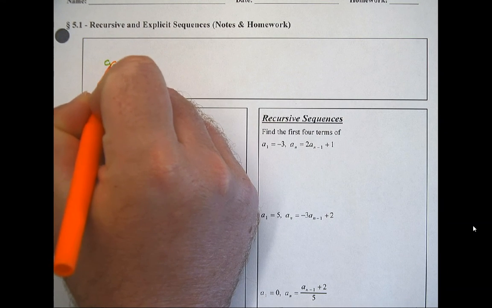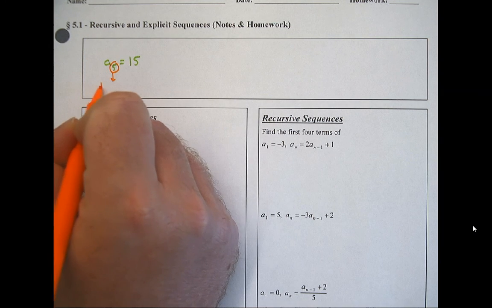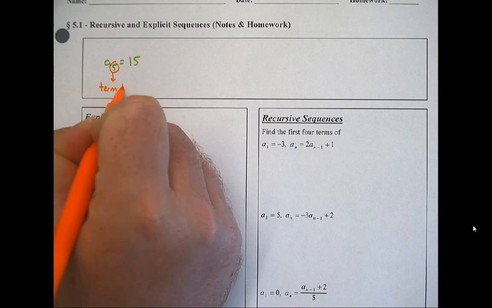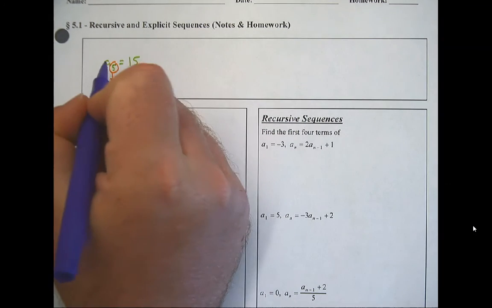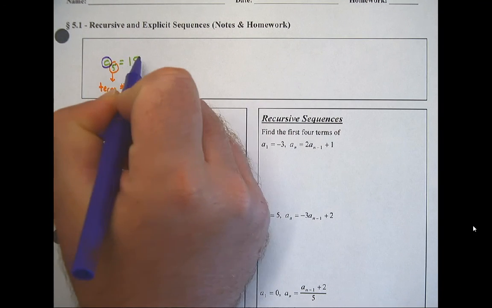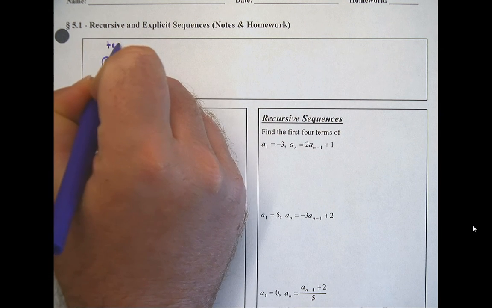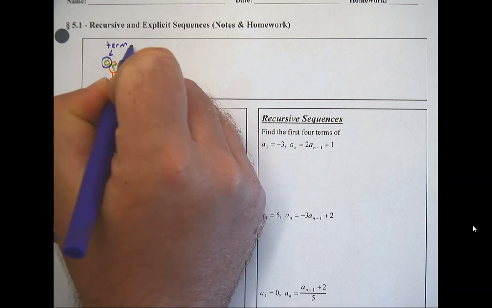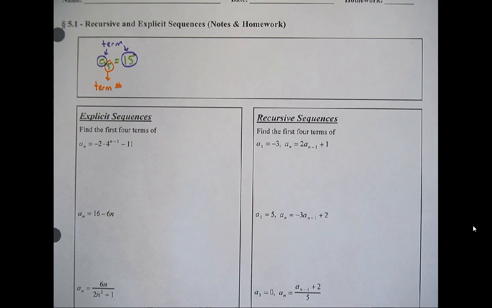So if I were to circle this, this is what we call the term number. And this and this are what we call the term. So it gets a little confusing because we have term and term number. The term number means where it is in the list of all the terms.